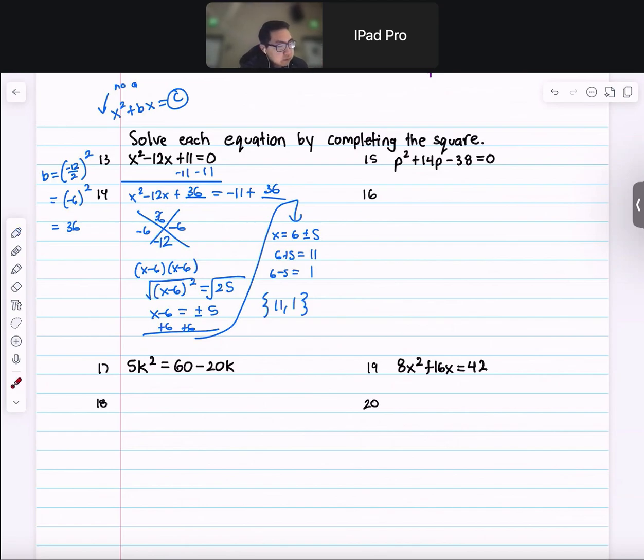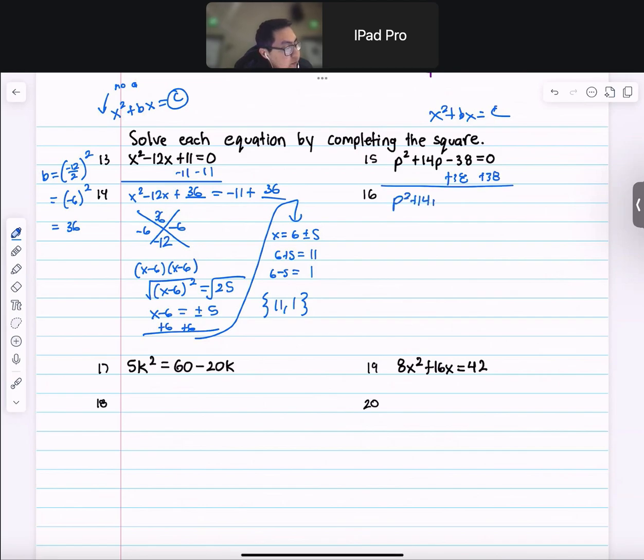So again, the magic number you added to both sides to complete the square was 36, and the answers are 11 and 1. Number 15, again, you want it to be in the form of x squared plus bx equals some number, right? So let's move the c value to the other side. Add 36 to both sides.